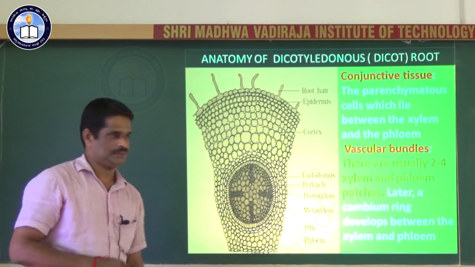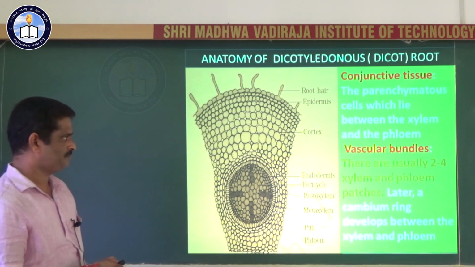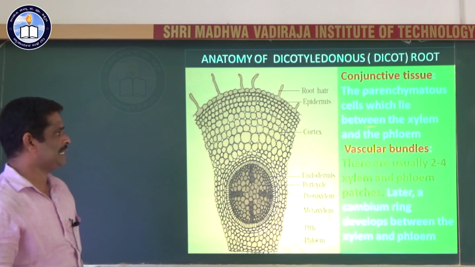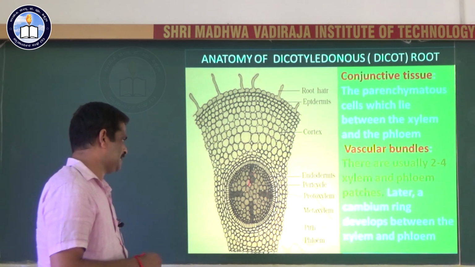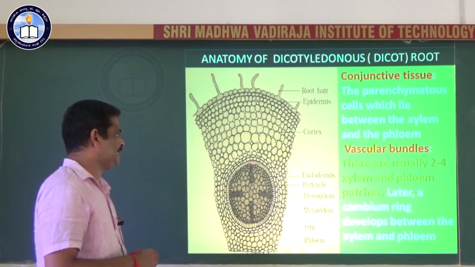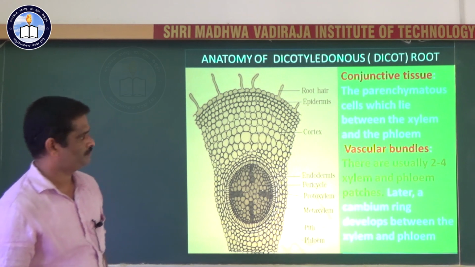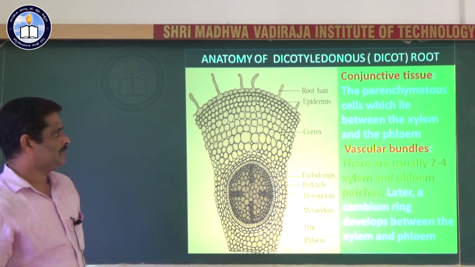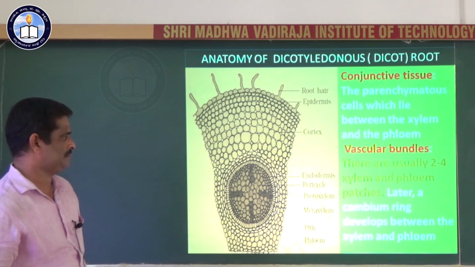The conjunctive tissues. What are the conjunctive tissues? These are the parenchyma cells which lie between the xylem and the phloem. So these are the xylem patches, four xylem patches you can recognize. Here is the phloem. Whatever parenchyma cells are present between the xylem and phloem constitute the conjunctive tissues. Then the vascular bundles. The vascular bundles have xylem and phloem patches.